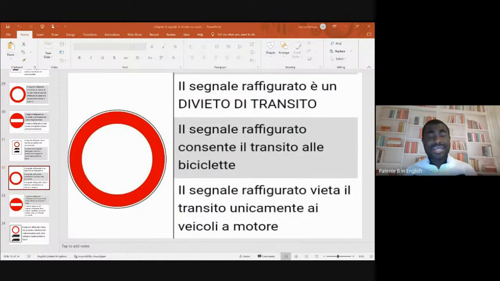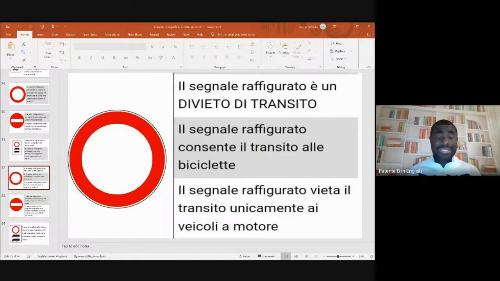And the last one says that il segnale raffigurato vieta il transito unicamente ai veicoli a motore, and the answer to the third one is false, because it says unicamente, so only vehicles with an engine are forbidden.